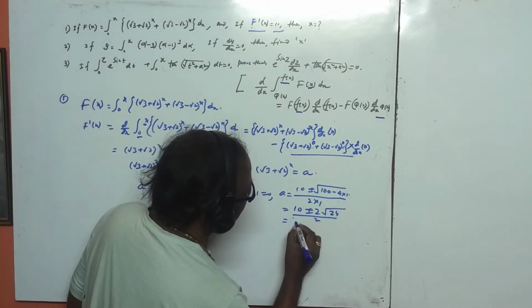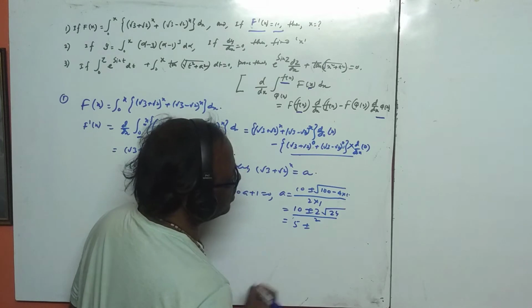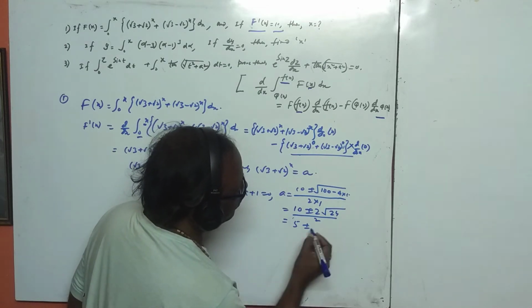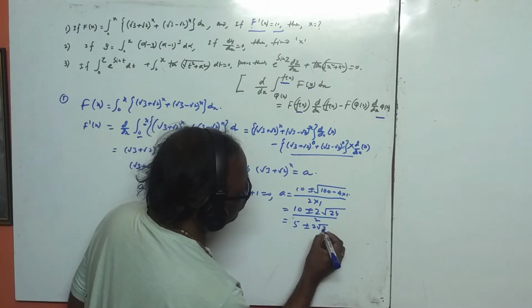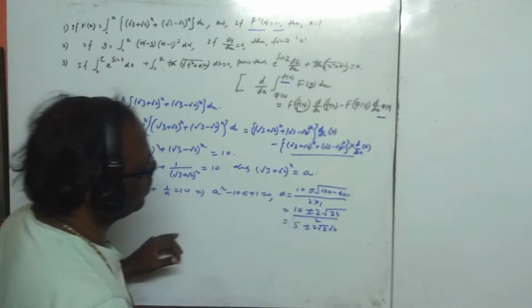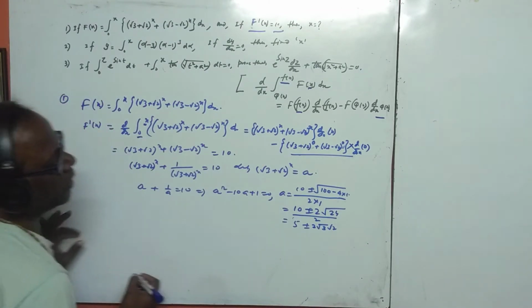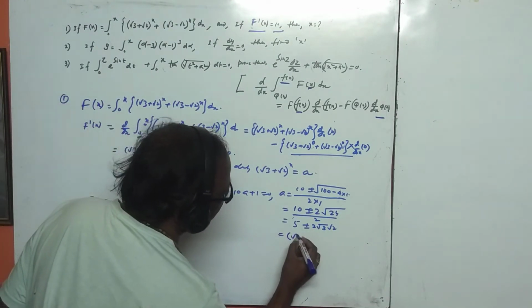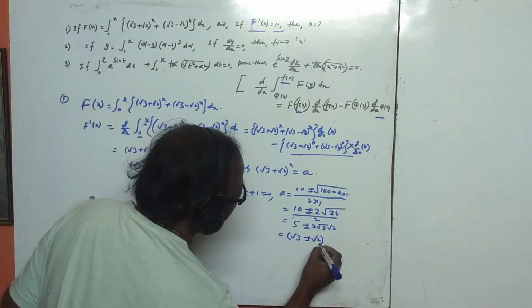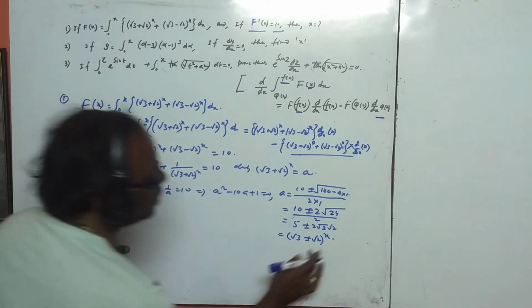So simplify that: 5 plus minus, 4 sixes are 24, this is 2 into root 6. So clearly it can be written in the form of (root 3 plus minus root 2) whole to the power x here. Sorry, this is 2 here.